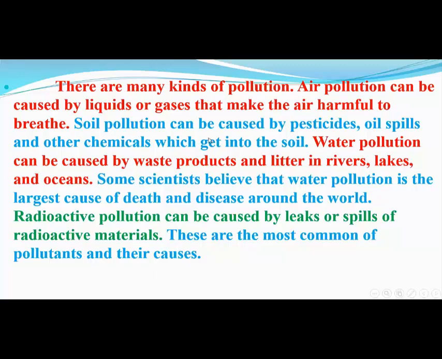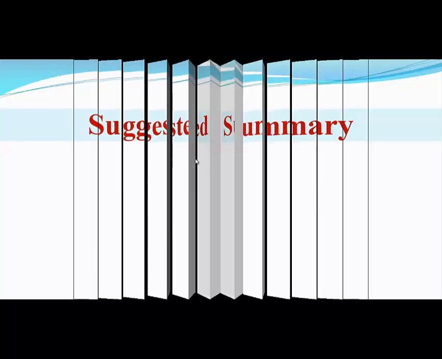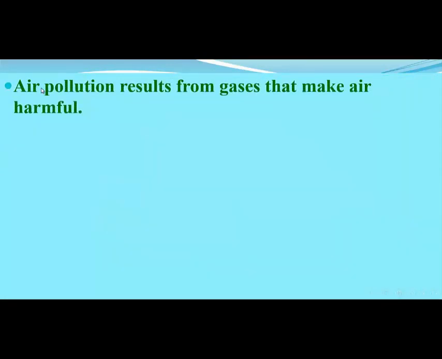Now we have just read the paragraph and we are going to summarize it into 4 sentences in order to get a good summary. Here is a suggested summary. Sentence 1: air pollution results from gases that make air harmful.